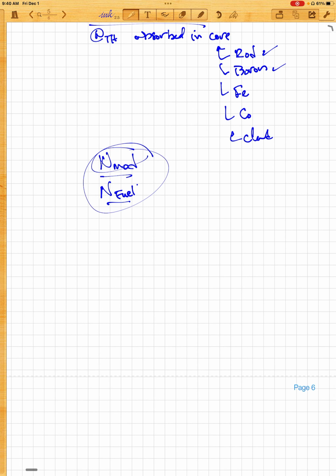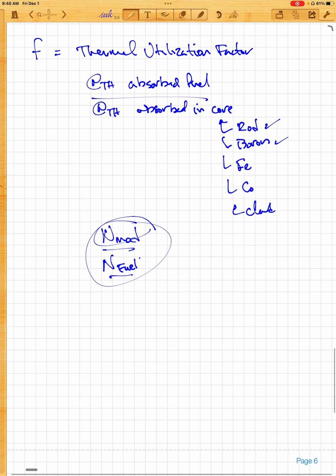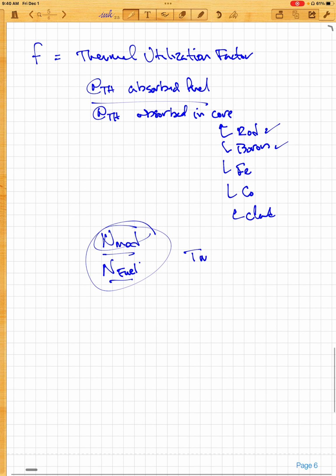We manipulate this moderator to fuel coefficient, not necessarily the fuel, although it's changing over core life. We can manipulate this moderator. We've already seen that with the P resonance escape probability. So, where was I? As temperature of the moderator goes up, we all know that density is going to go down. And that means a more spread out, less dense moderator.